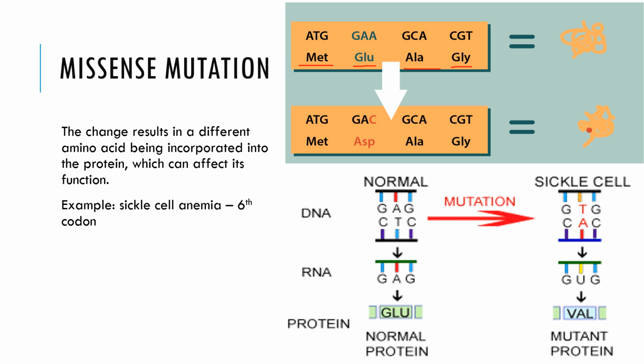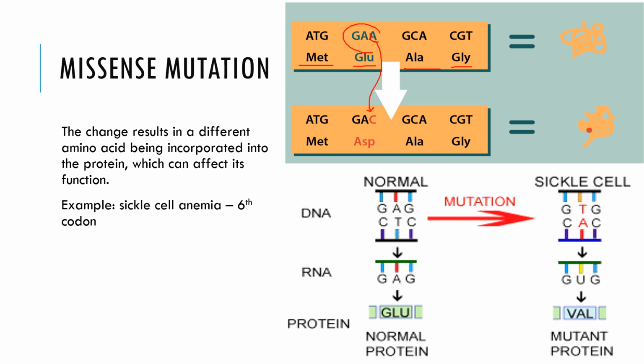This is also a type of base substitution. Here GAA was present, and instead of A, now C is present. GAA codes for glutamic acid, and now GAC codes for aspartic acid.